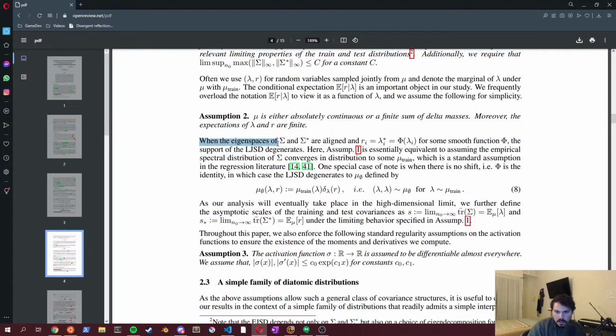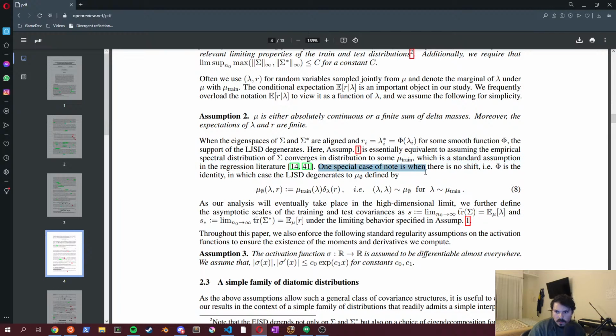When eigenspaces of sigma and sigma star are aligned and Ri equals lambda i star equals phi of lambda i for some smooth function phi, the support of the LJSD degenerates. Here, assumption 1 is essentially equivalent to assuming the empirical spectral distribution of sigma converges in distribution to some mu train, which is a standard assumption in the regression literature.